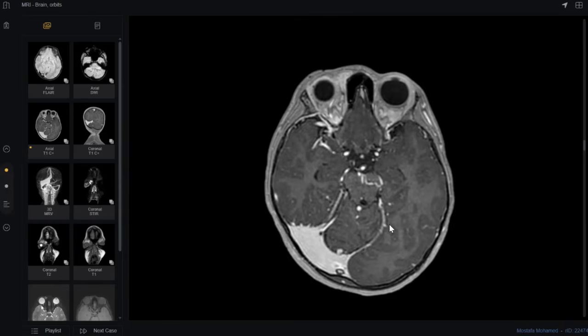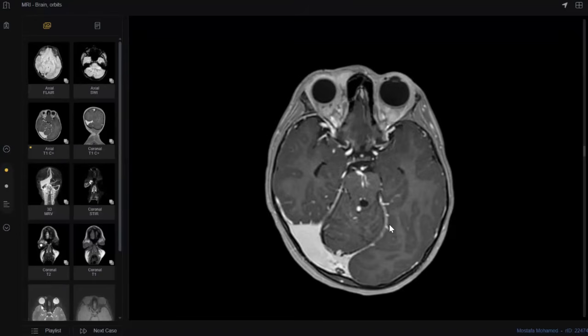What else? Look outside the brain. Outside the brain, this is a dilated subarachnoid space or an arachnoid cyst.